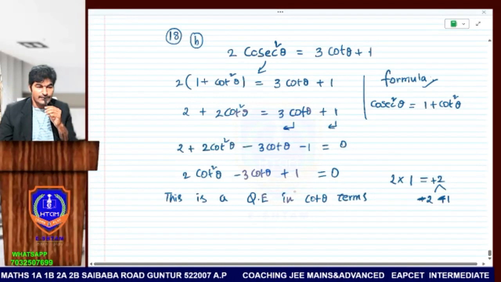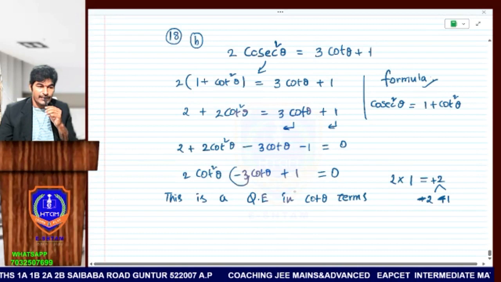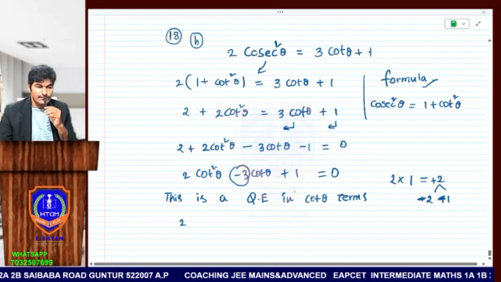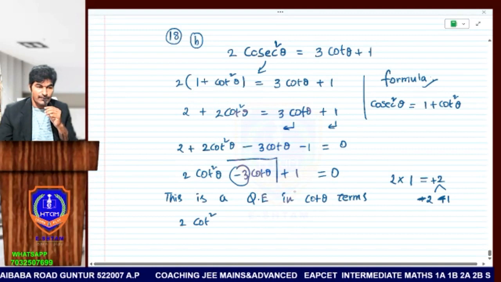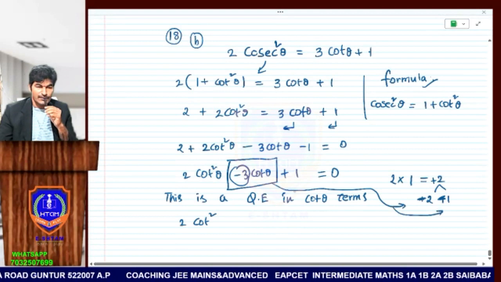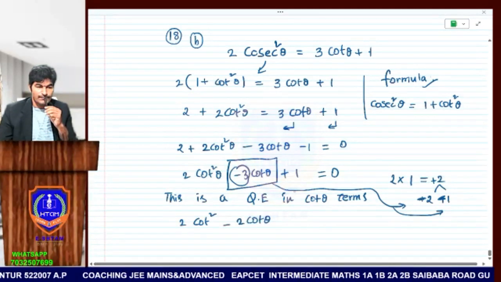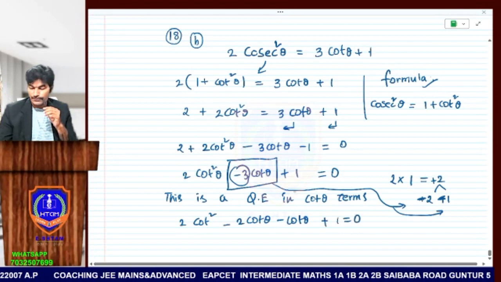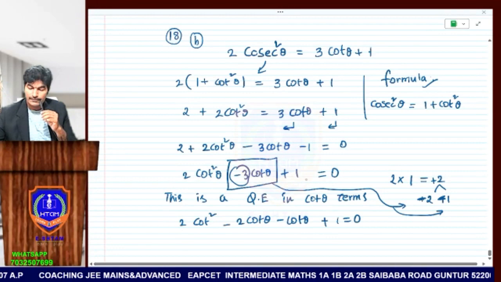If you add these two numbers, you have to get this minus 3. Yes, minus 2 minus 1 is minus 3. So you can use these numbers. Now write down, using these two numbers, you have to express this middle term. So I am using these two numbers: 2 cot square theta minus 2 cot theta minus cot theta plus 1 equal to 0. Okay.